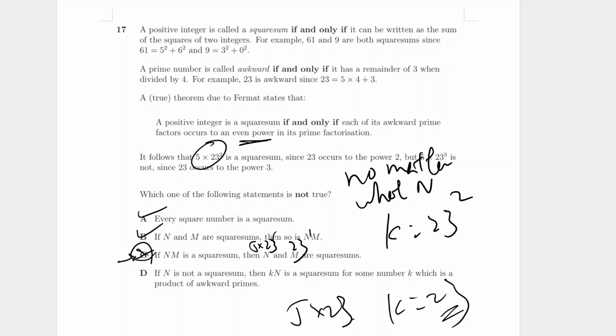I think that would probably work as well, and it's a legit product of awkward primes. And 23 squared is an even power. Unless n has 23 itself, in which case choose some other prime, square it, and multiply it. This is quite a trivial question, I suppose. So the answer is C.